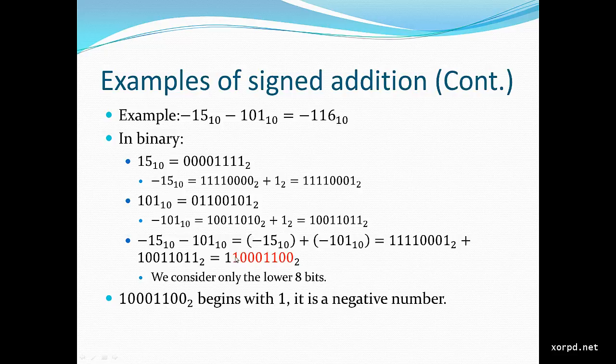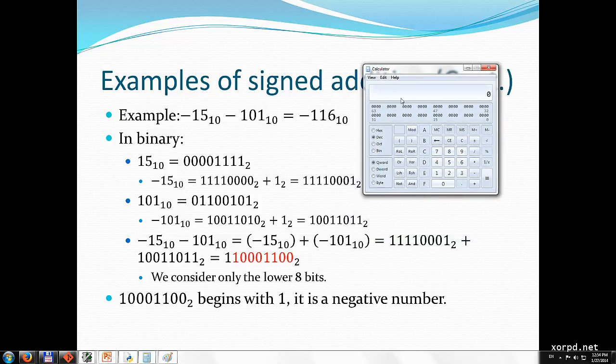If we would just take this number, for example, we can take the calculator, I pick the binary, and now I just take this number here marked in red, 10001100, and I turn it back into decimal, I get a wrong result. This is not the wanted result. And that is because I haven't yet converted it to a positive number.